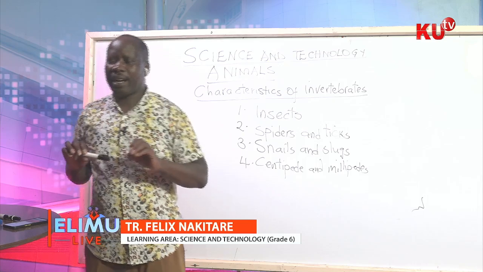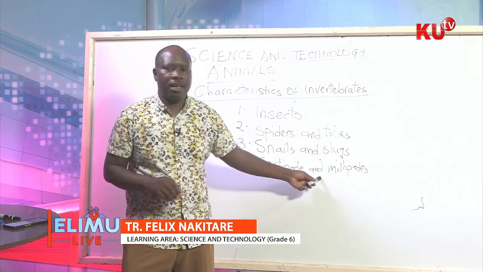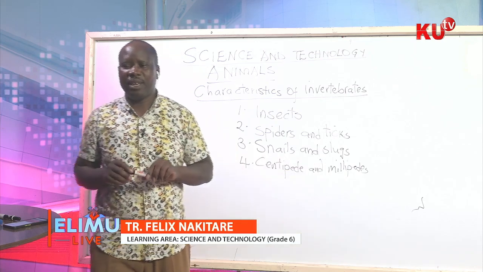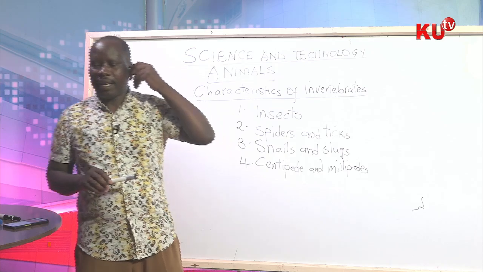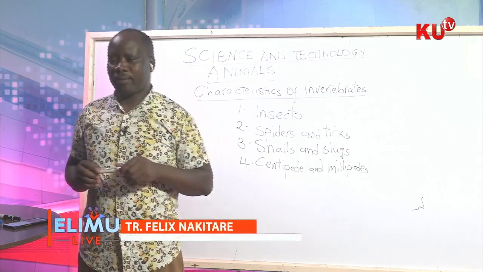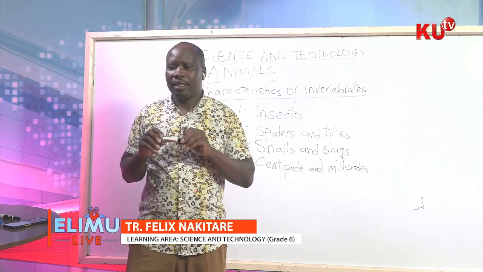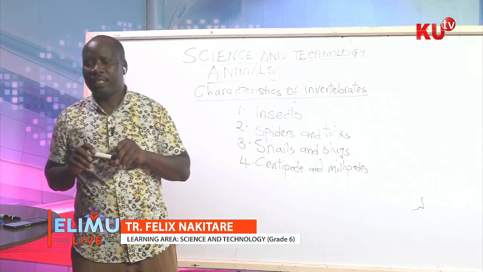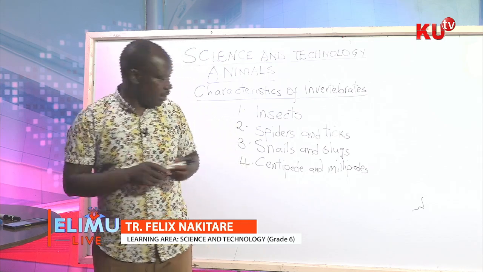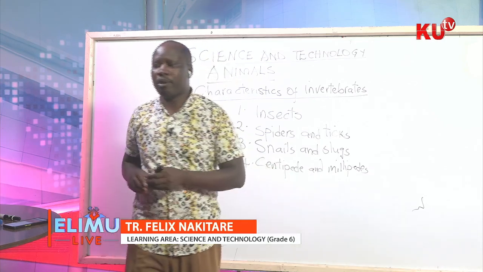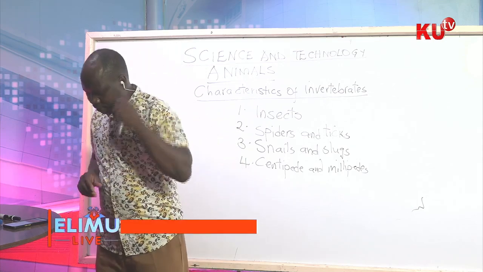Now let's look at the other characteristics that make us say centipedes and millipedes fall in their own category, which is different from that of the other three. Category number one: centipedes and millipedes have their bodies divided into two main parts.